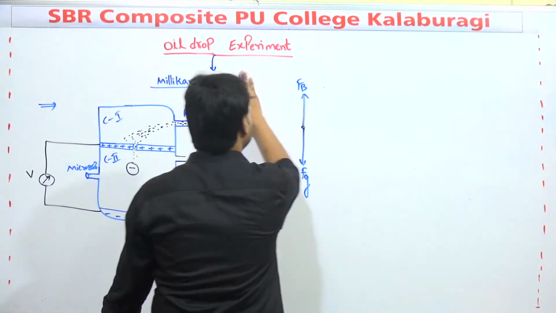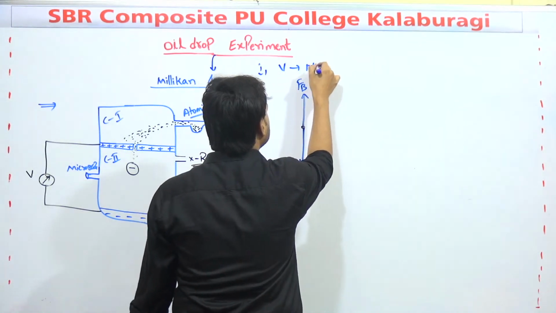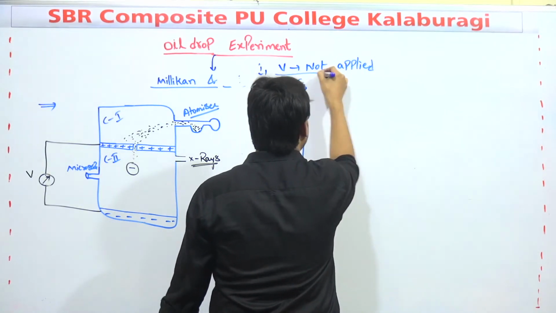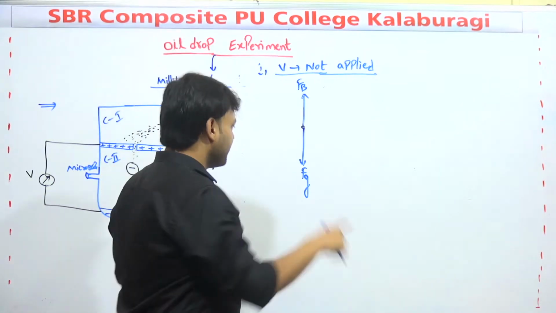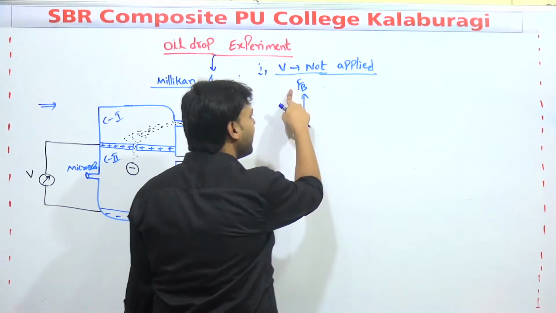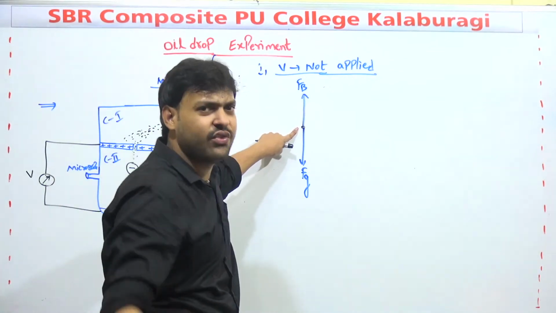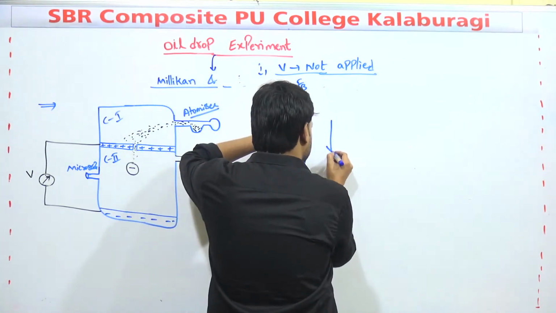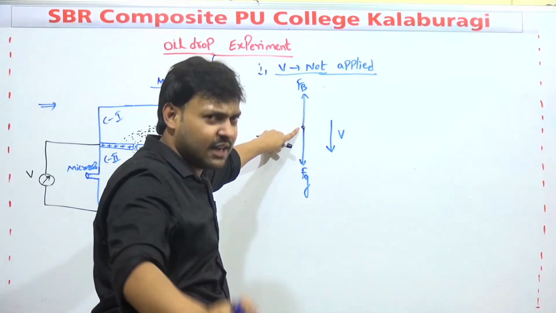First case, potential is not applied. So Fg downwards, buoyancy force upwards, and in which direction can the drop move? Downwards. If the particle is moving downwards with some velocity, that velocity we call the terminal velocity.